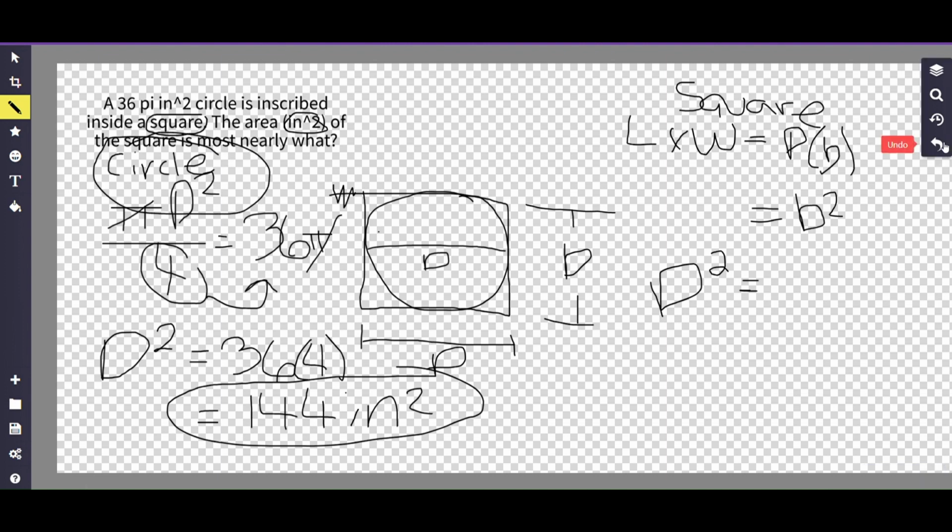The circle has a formula of pi times d squared over 4. Then we know that the problem gave us 36 pi. So solving that, we get that d squared equals 36 times 4, which is 144.